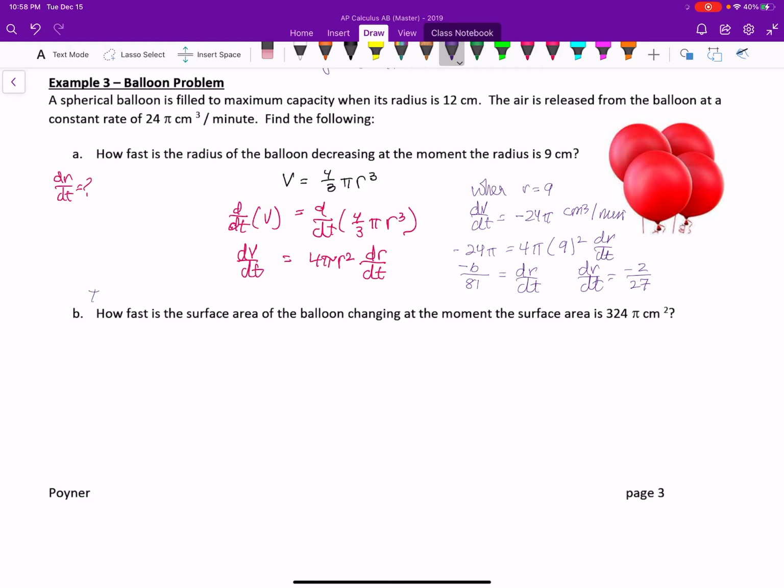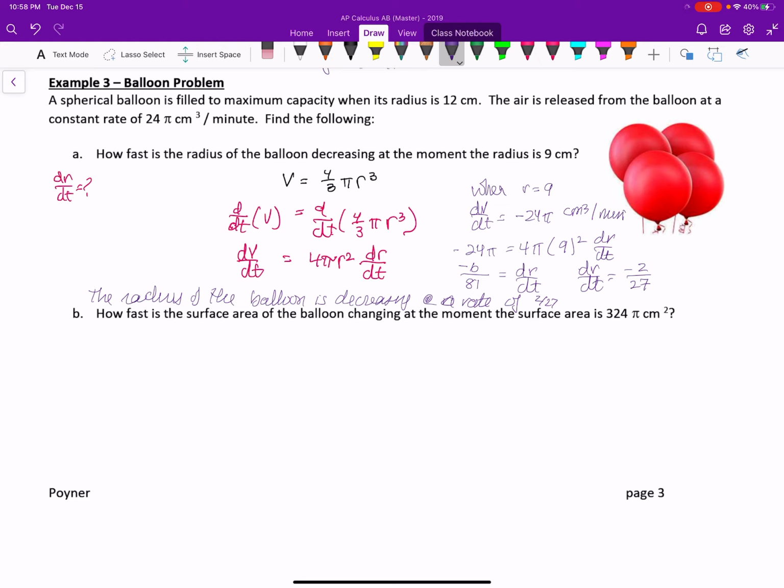So the radius of the balloon is decreasing at a rate of 2 over 27.